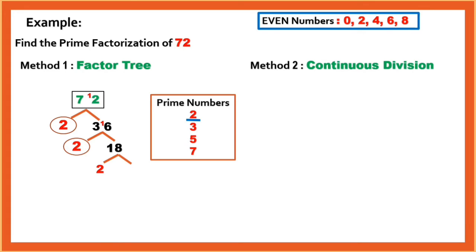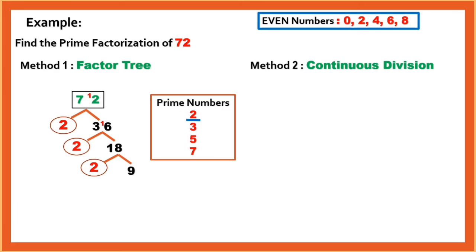And then, para malaman natin ang isa pang factor ng 18, ay i-divide natin ang 18 sa 2. So, 18 divided by 2 is, correct, 9. So, 2 and 9 are factors of 18. Since si 2 ay prime number na, atin na itong bibilugan.